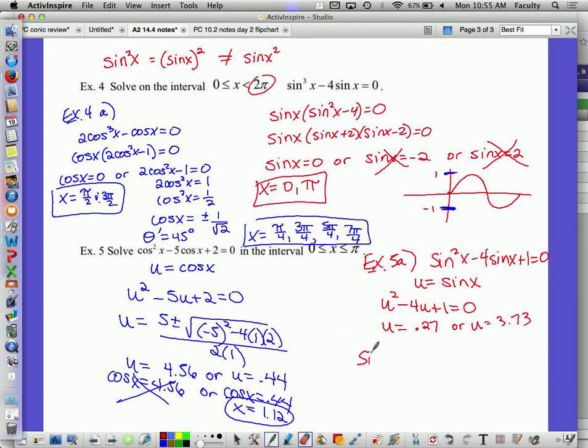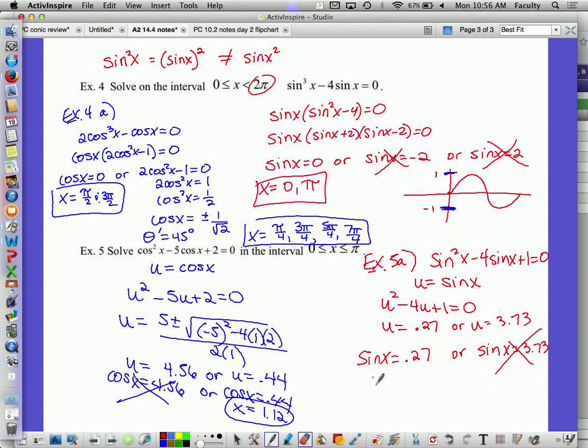Now remember, u is a placeholder for sine x. And remember, sine x can only spit out numbers between -1 and 1. That's the range. So this one does not work.